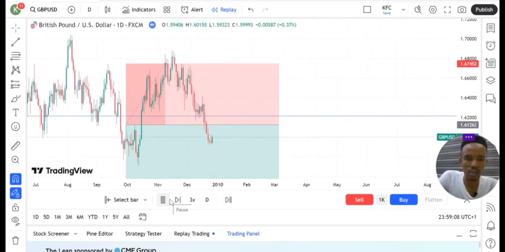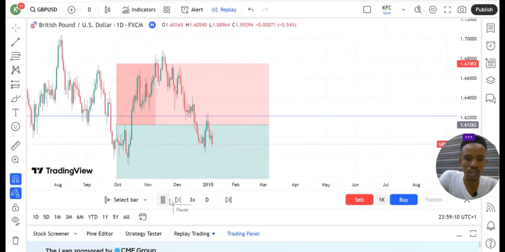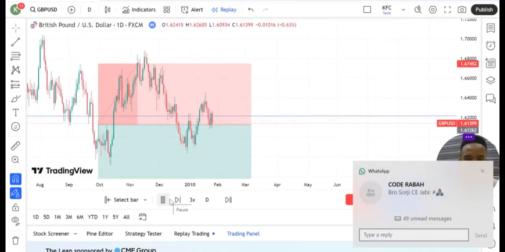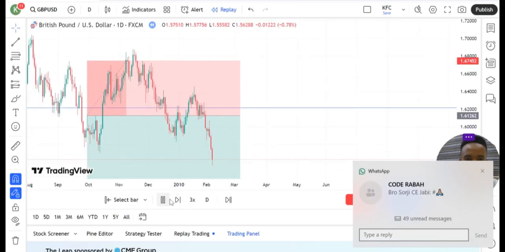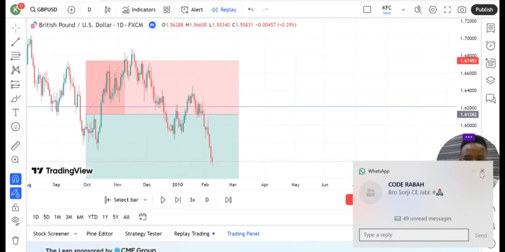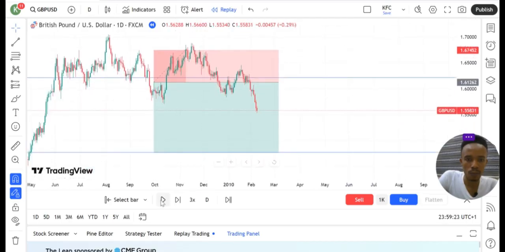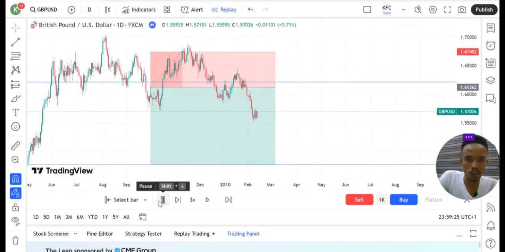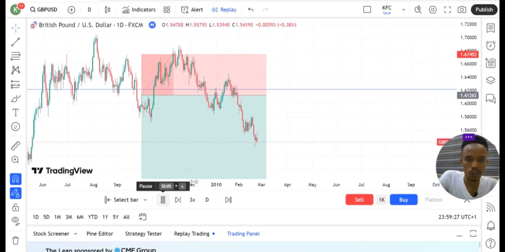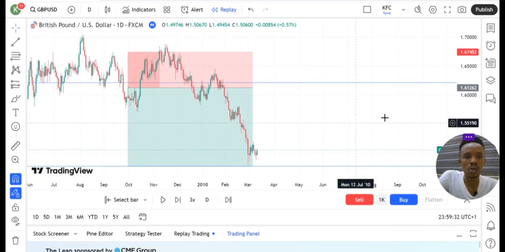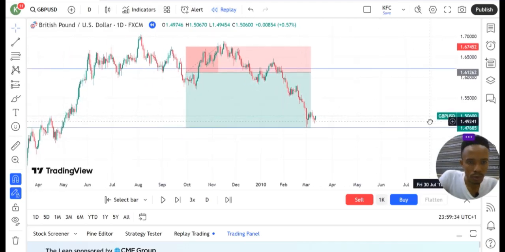So in this case it got induced. Okay, so the stop loss is not on the correct path.